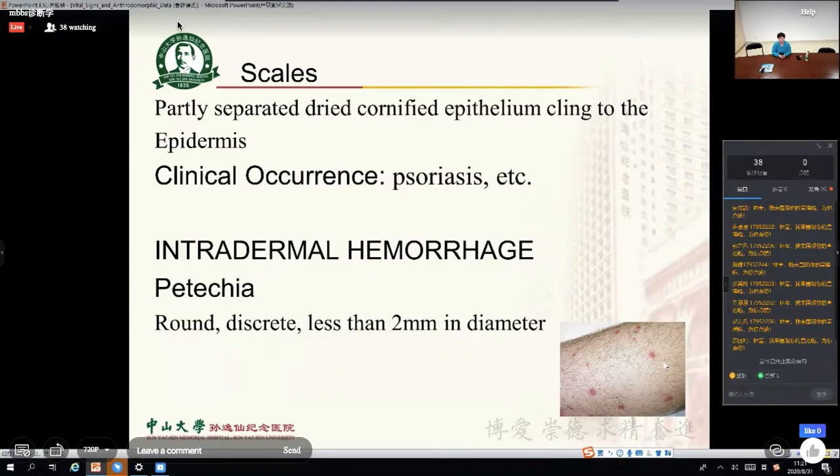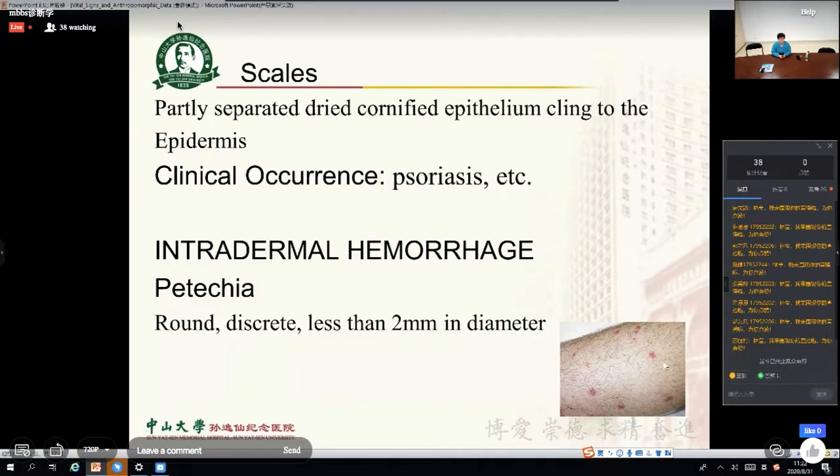The clinical occurrence of scales is in psoriasis. Psoriasis is an autoimmune disease, and psoriasis patients may need immunomodulators, biologicals or steroids to treat it.